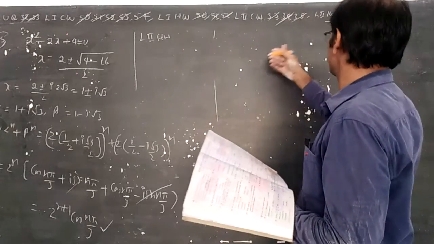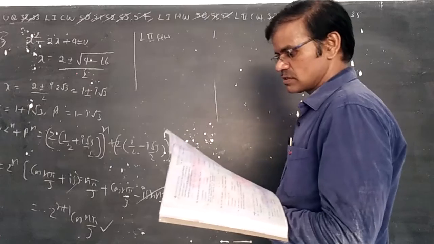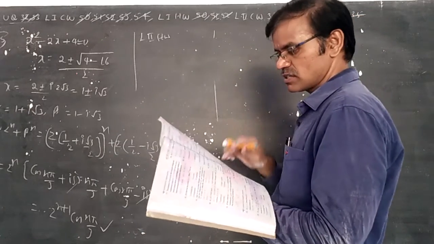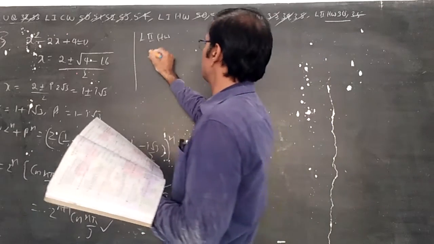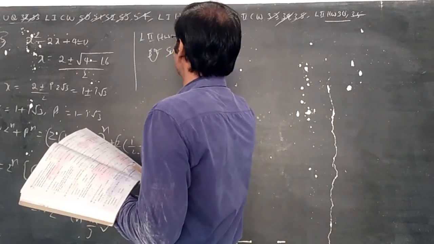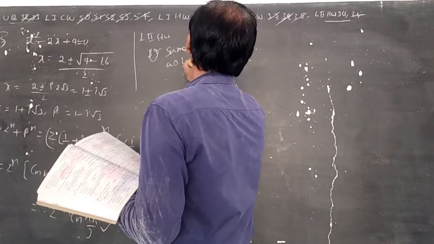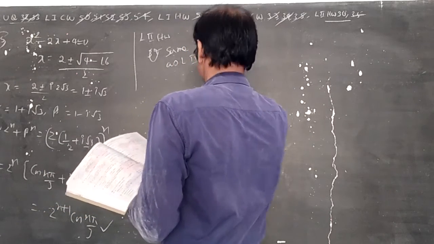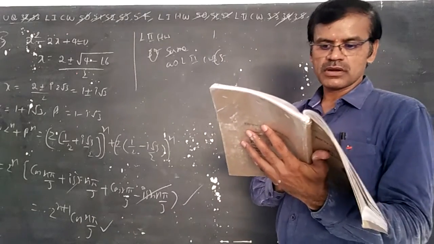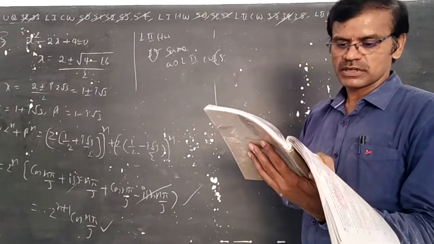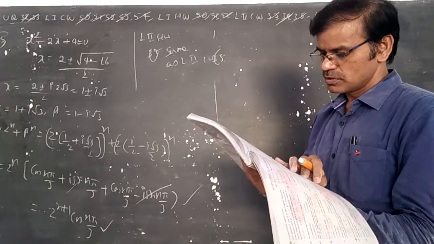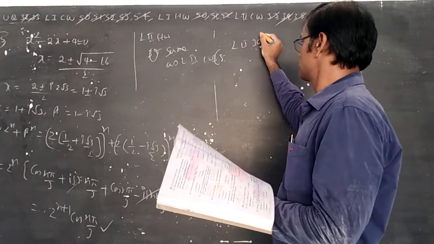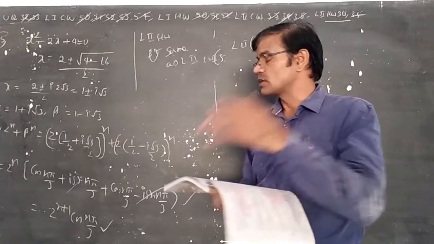Of course, 34 is the same question as level 2 class work 35. The answer is 2^(n+1) cos nπ/3, the first option. Now level 2 homework 30th question.